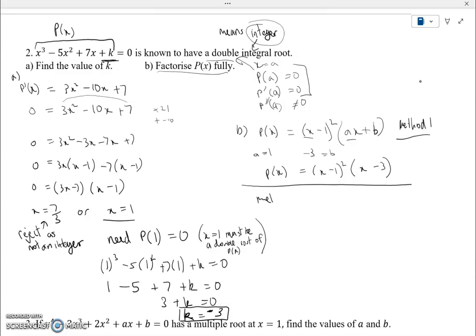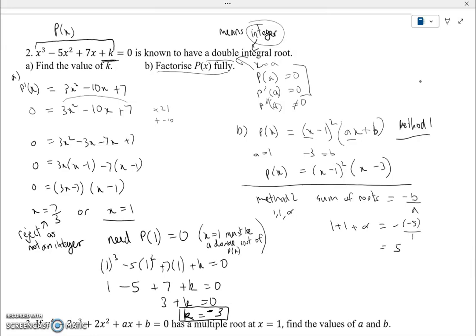The other method would be to use sum of roots is equal to minus b on a. So the roots, we know that 1 is a double root, and we don't know the other value. So we'll go 1 plus 1 plus alpha equals minus b over a, which is going to be negative of negative 5 on 1.